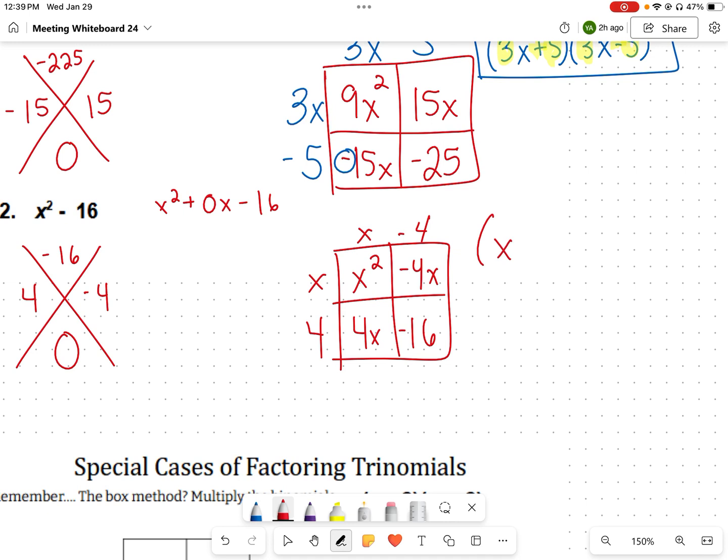So this is x minus 4 times x plus 4. Okay, you could use the shortcut, but the x box always works. I would just look at, is this a perfect square? 16 is a perfect square. The square root of it is 4. So see how we have plus 4 and minus 4.